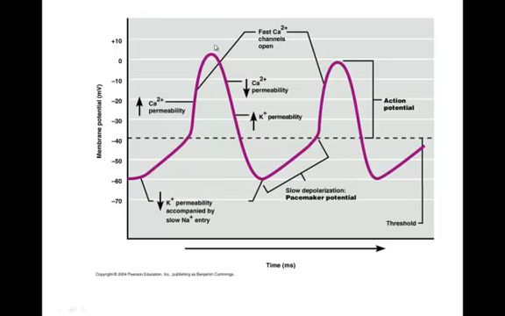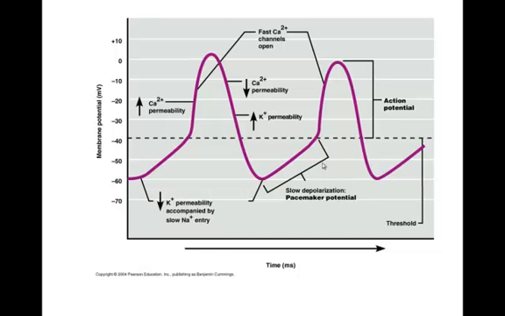We call these pacemaker potentials. This region right here is the pacemaker potential. This is the action potential, but I'm going to call the whole thing a pacemaker potential just to make it easier on me. These autorhythmic cells are firing off these pacemaker potentials, and they're exciting all the cells around them.